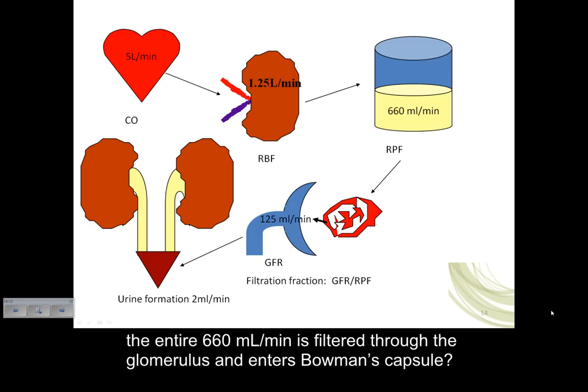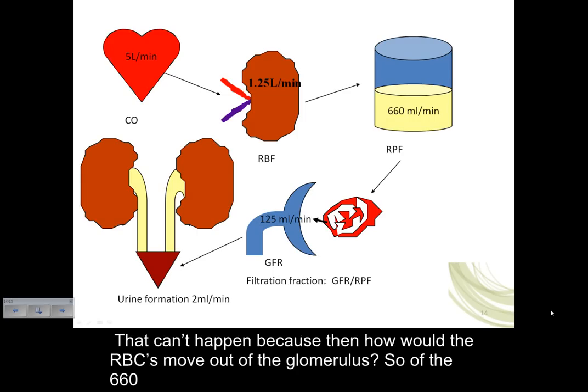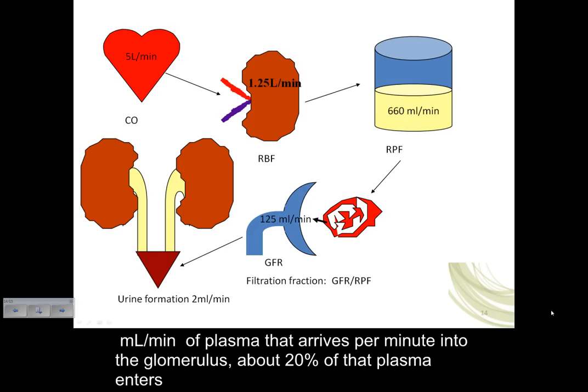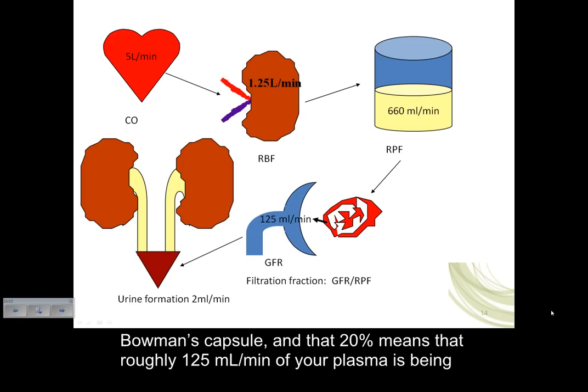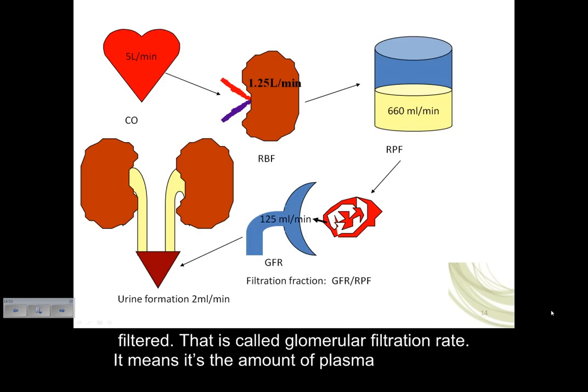When this 660 milliliters of plasma is in the glomeruli of the kidneys, do you think that the entire 660 milliliters per minute is filtered through the glomerulus and enters Bowman's capsule? That can't happen, because then how would the red blood cells move out of the glomerulus? So, of the 660 milliliters per minute of plasma that arrives per minute into the glomerulus, about 20% of that plasma enters Bowman's capsule.